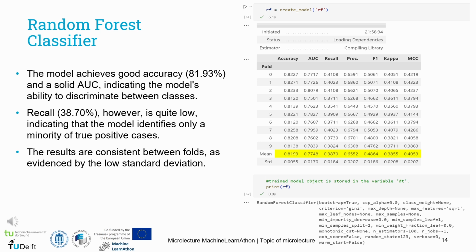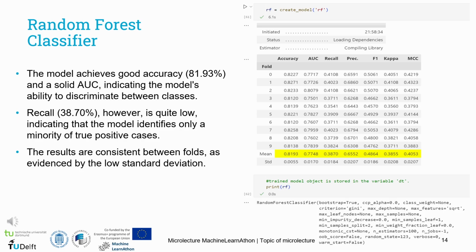The scoring table summarizes the results across all folds, providing us with a detailed view of the model's performance. The key metrics reported here include accuracy, AUC, recall, precision, F1 score, kappa, and MCC. Each of these gives insights into different aspects of the model's predictive power.